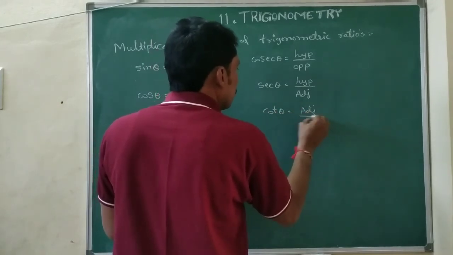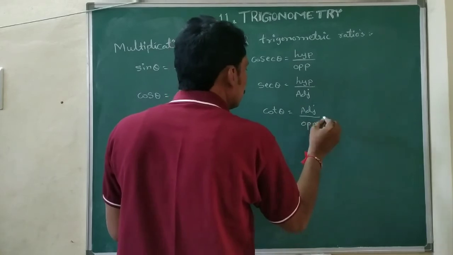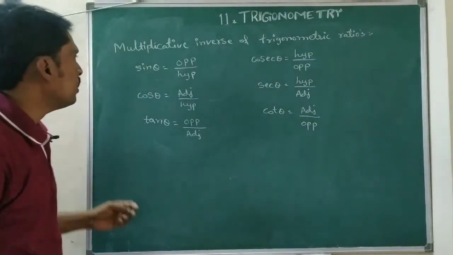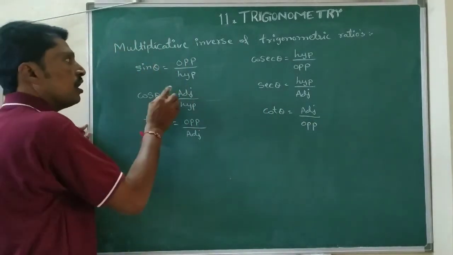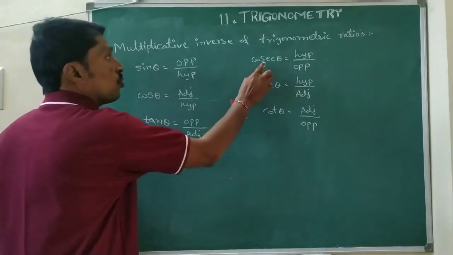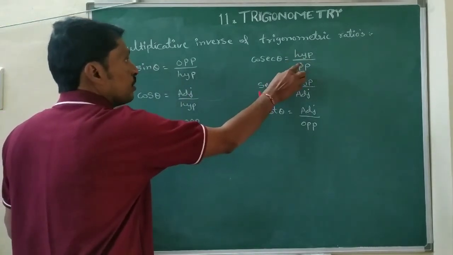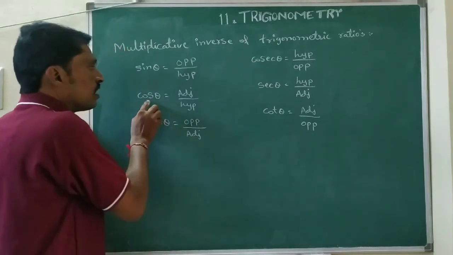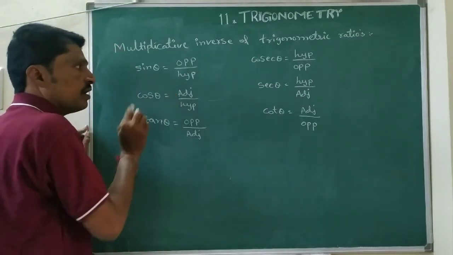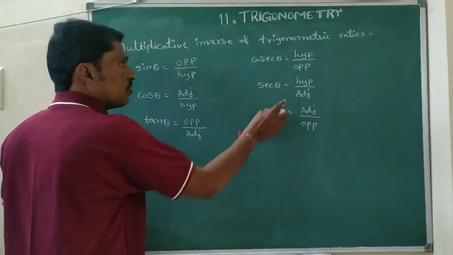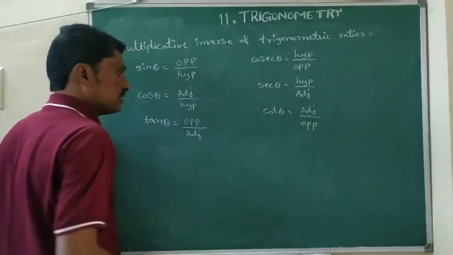Adjacent by opposite. Just observe here: sin theta equals opposite by hypotenuse. Cosec theta equals hypotenuse by opposite. Cos theta equals adjacent by hypotenuse. Sec theta equals hypotenuse by adjacent.